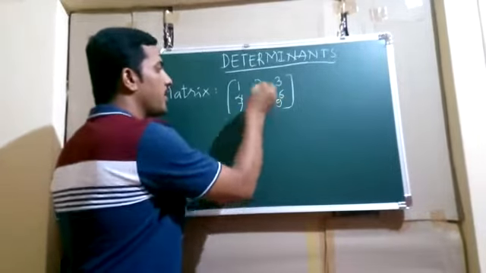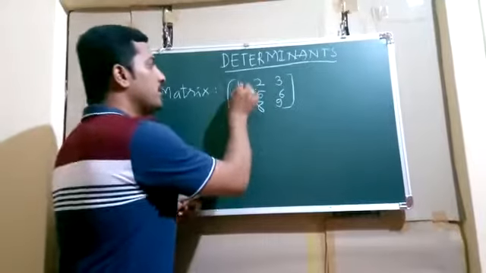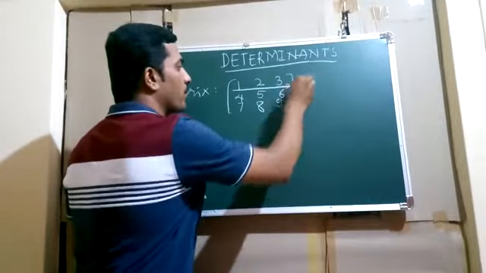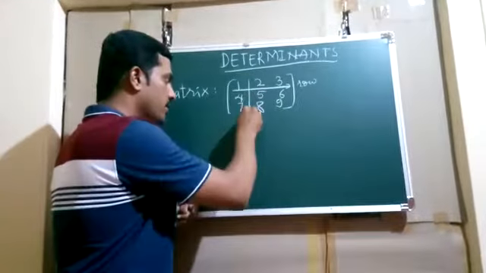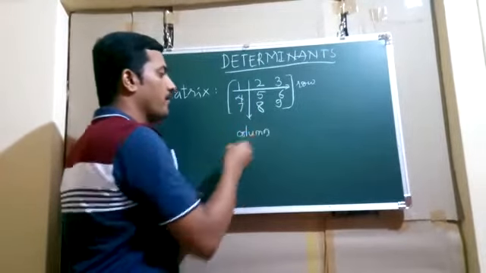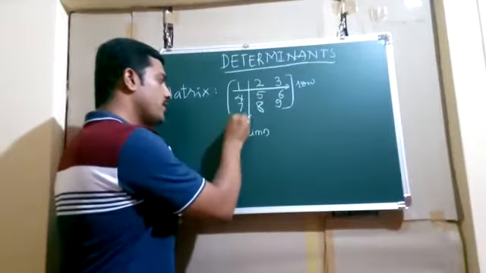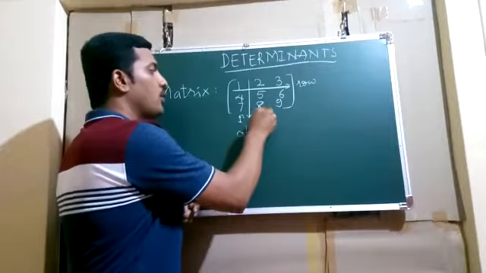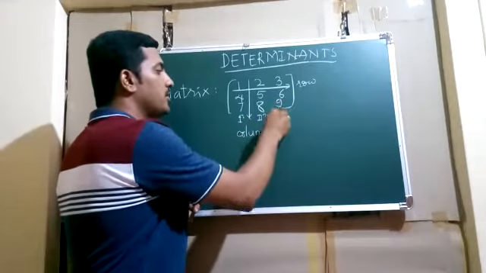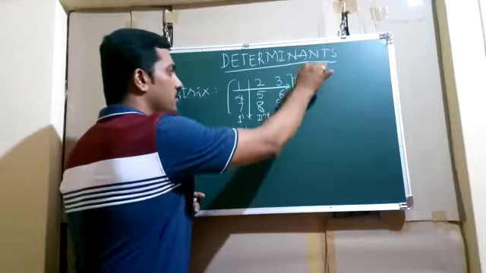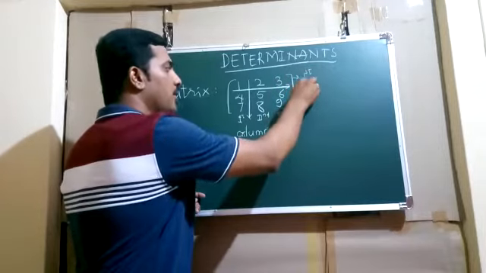So here this is called a row, right? And this is called a column. Here this is the first column, second column and the third column. Similarly, this will be the first row, second row and the third row.